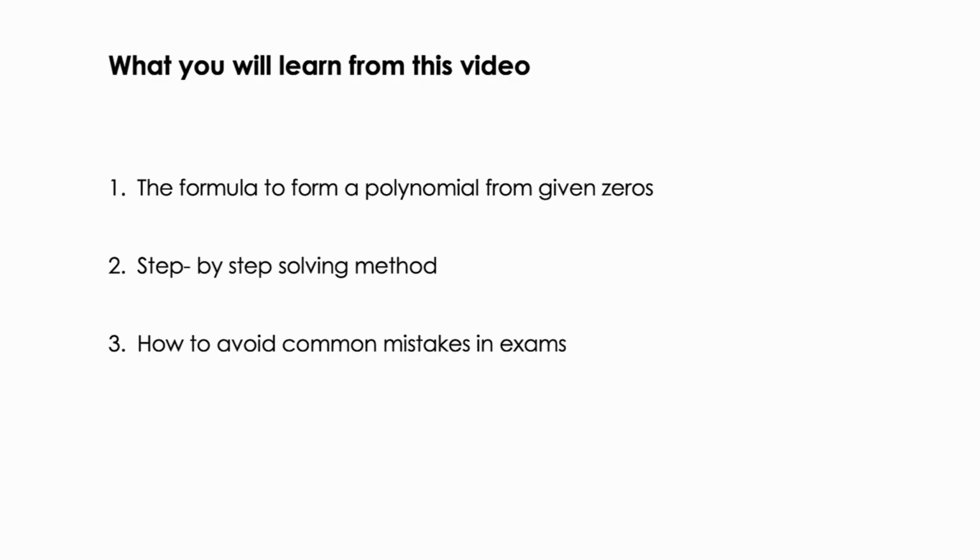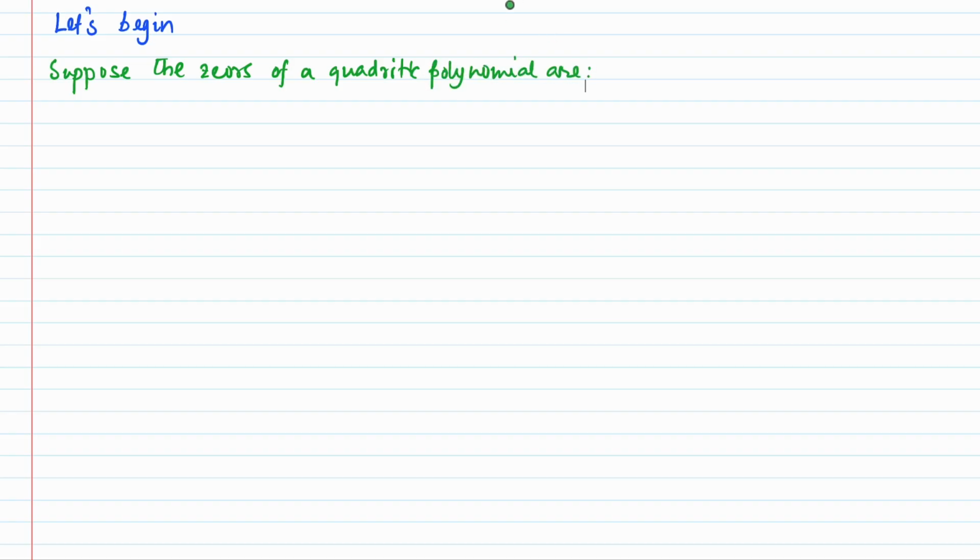So let's begin first with how to form the polynomial when the zeros are given in the problem. Suppose the zeros of a quadratic polynomial are, say, alpha and beta, which are Greek letters. We denote these zeros with alpha and beta.